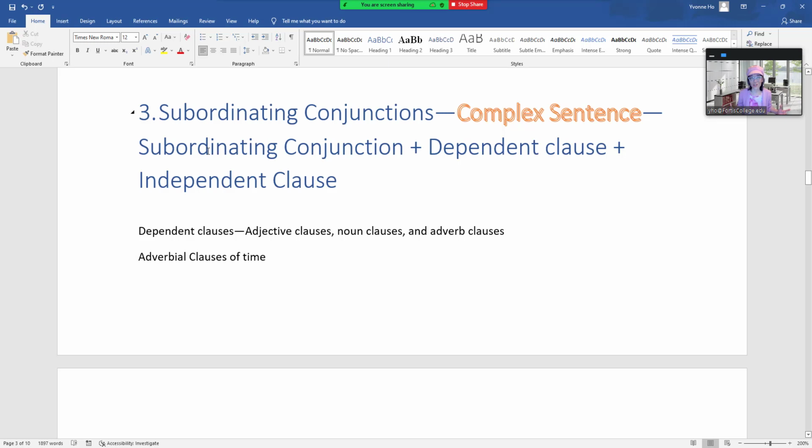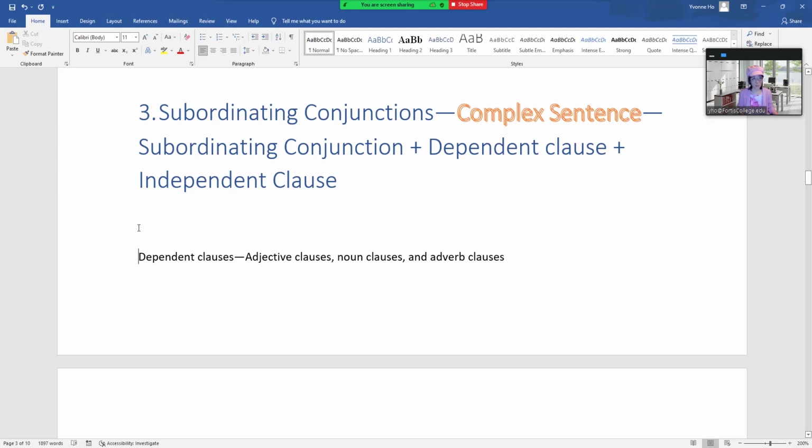What's the difference between a clause and a phrase? A clause is a bunch of words. It doesn't even have to express a full thought, but it's simply a group of words with a subject and a verb.